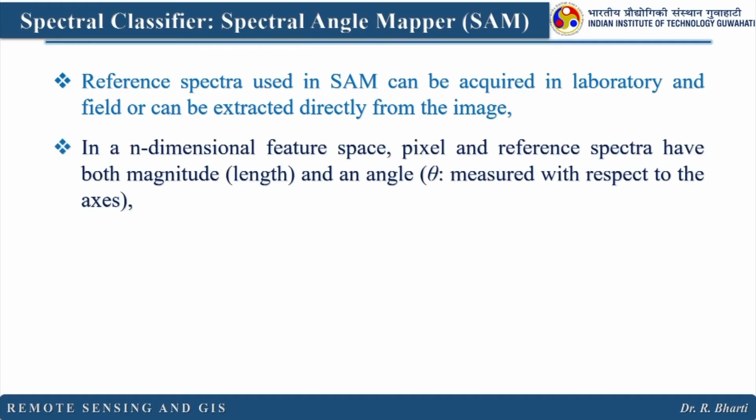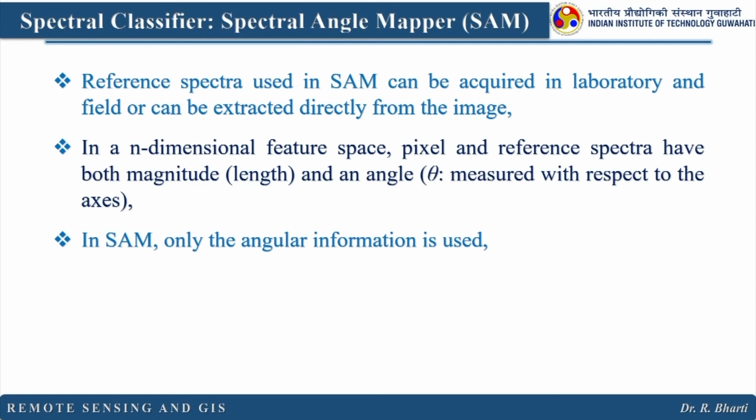So, in an n-dimensional feature space, pixel and reference spectra both have magnitude and an angle, that is theta, and in SAM only the angular information is used. Remember, here we are not bothered about their values, whether that is more or less.